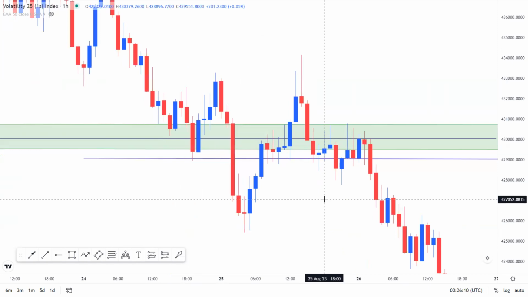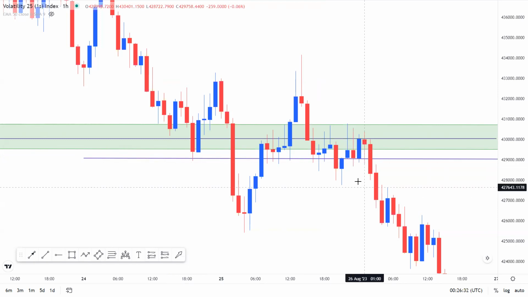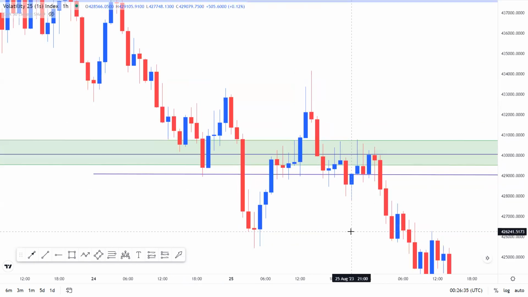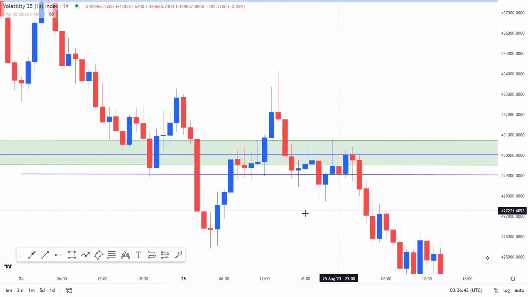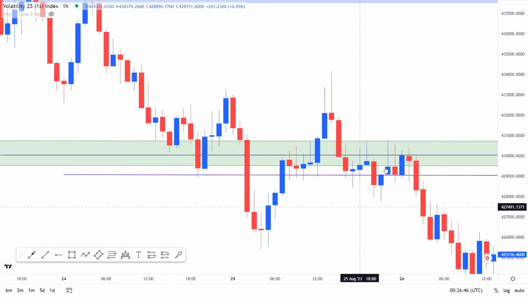Now, I'm going to be breaking down the 1 hourly time frame. It is not just only because I had my entry confirmation for sales at the retest of the daily structured level from the 1 hourly time frame, but also because amongst these three lower time frames, the 15 minutes, the 30 minutes, and the 1 hourly time frame, the 1 hourly time frame is presenting me a less complicated price action.